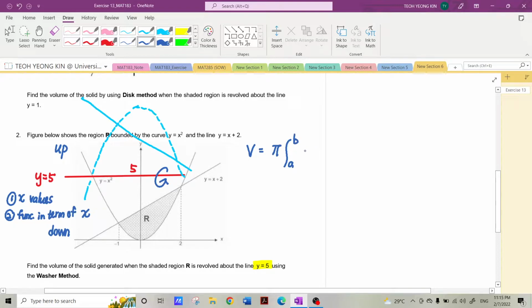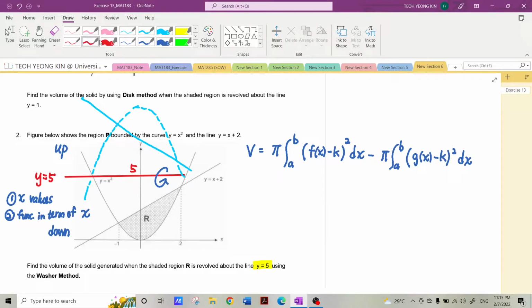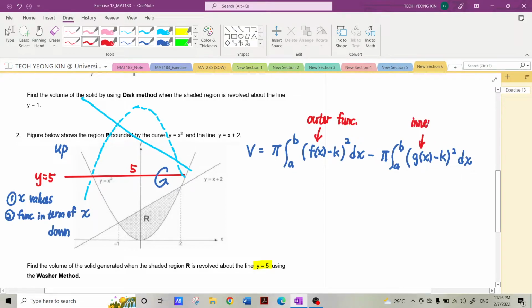This is the general form: f(x) minus k, squared, minus pi integrate from a to b, don't forget this one, g(x) minus k, squared, with respect to x. So f(x) is the outer function, whereas g(x) is the inner function, meaning the function inside is the inner one and this one is outside, the outer function.